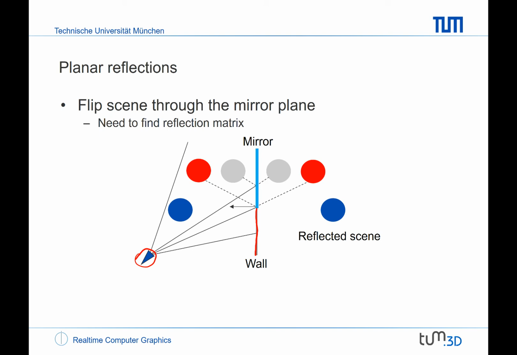For instance, if we follow one of the view rays here, which arrives at the mirror, then if we were to simulate the mirror reflection using a ray-based approach, we would say, okay, we have a normal vector here, indicated by the black arrow. By using the normal vector, which gives the orientation of the mirror plane, and the direction of the incoming view ray, we can immediately determine the reflection vector.